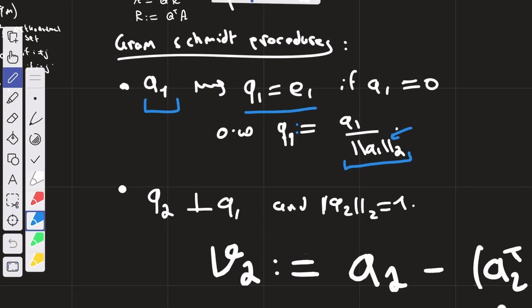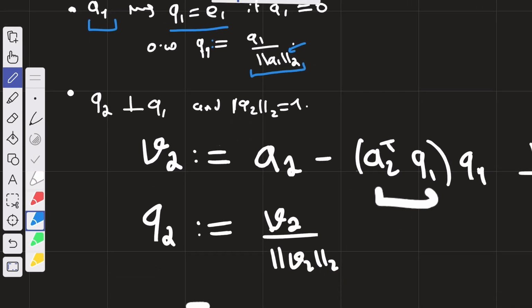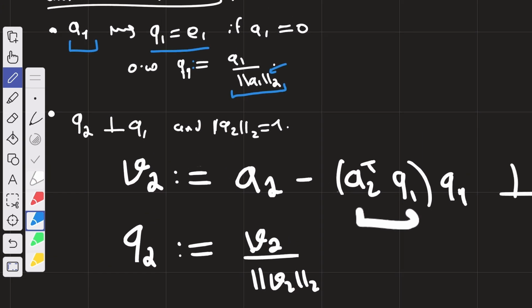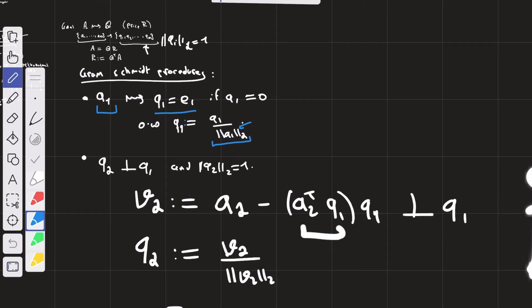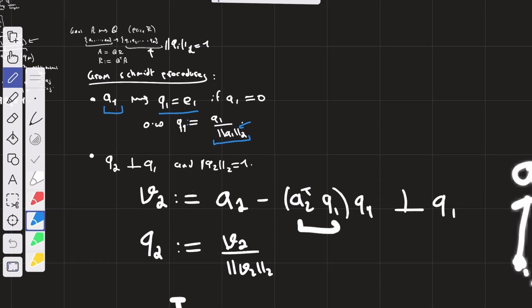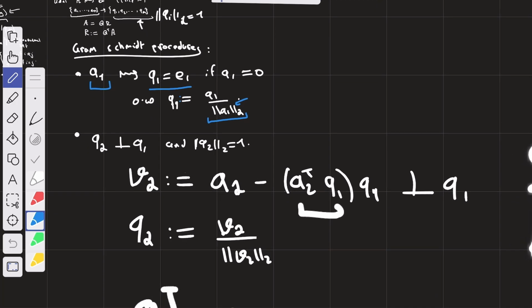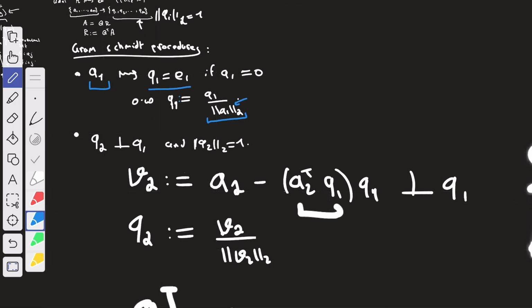How do we do that? Well, the procedure tells you to do the following, and this is a standard trick that is going to show up a lot. So here's the idea. What is it that we require from Q2 to satisfy? Well, we require Q2 to be orthogonal to Q1, and we want Q2 to be a normalized vector.